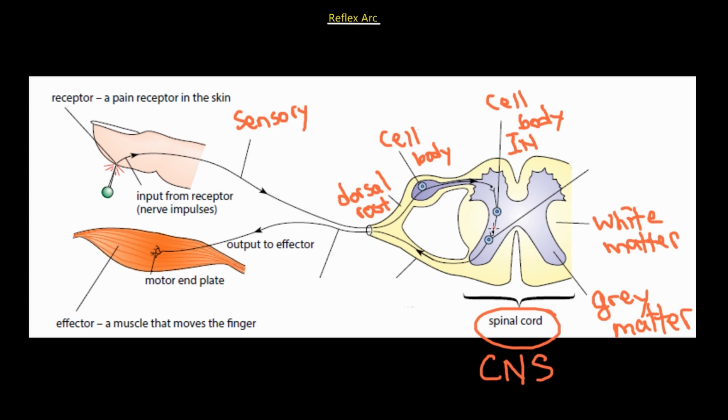Now then there's going to be a connection between the interneuron and the motor neuron, and that's the cell body of the motor neuron. Because remember, the cell body of the motor neuron comes off the central nervous system, which is right here. It comes right off the spinal cord, and it's going to follow through the ventral root, and you can look up these terms.